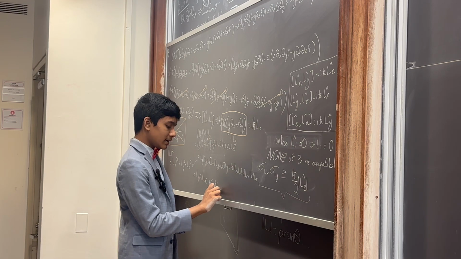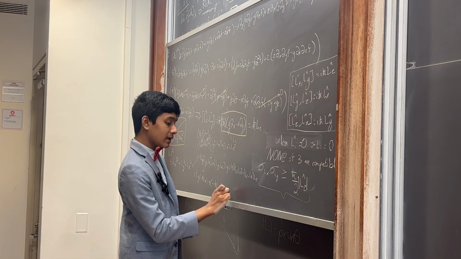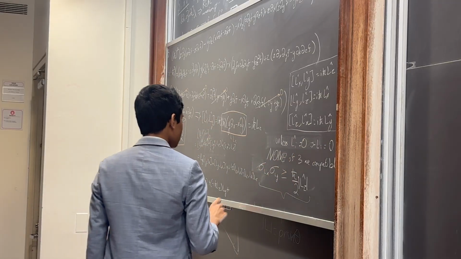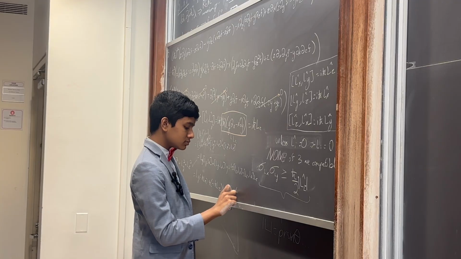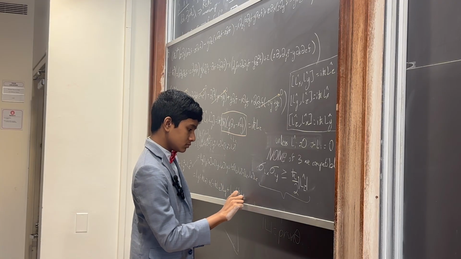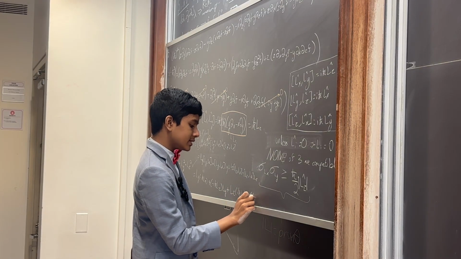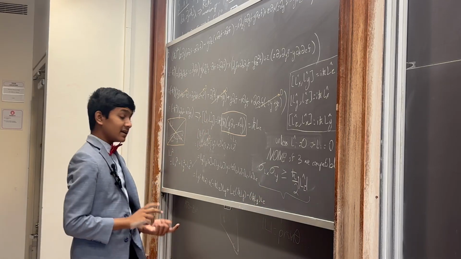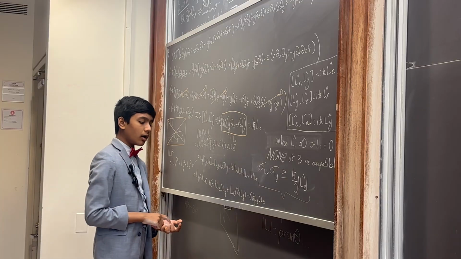Minus iħLzLy plus the commutator of Lz and Lx is just iħLy. We already have it noted down. Minus iħLyLz. Now notice that scalars always commute with operators.